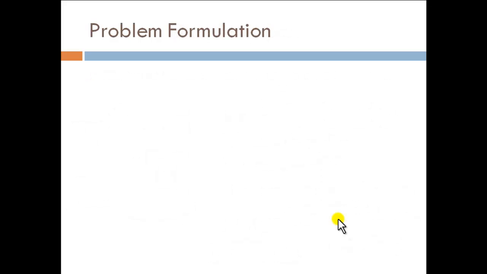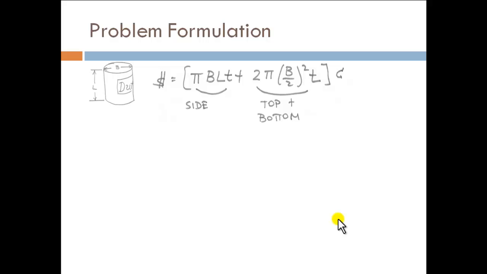So after doing a little geometry, we formulate the problem, and we say that total cost is equal to the total volume of the aluminum on the side plus the total volume of the top and bottom aluminum caps, and all of that is multiplied by the cost per unit volume.